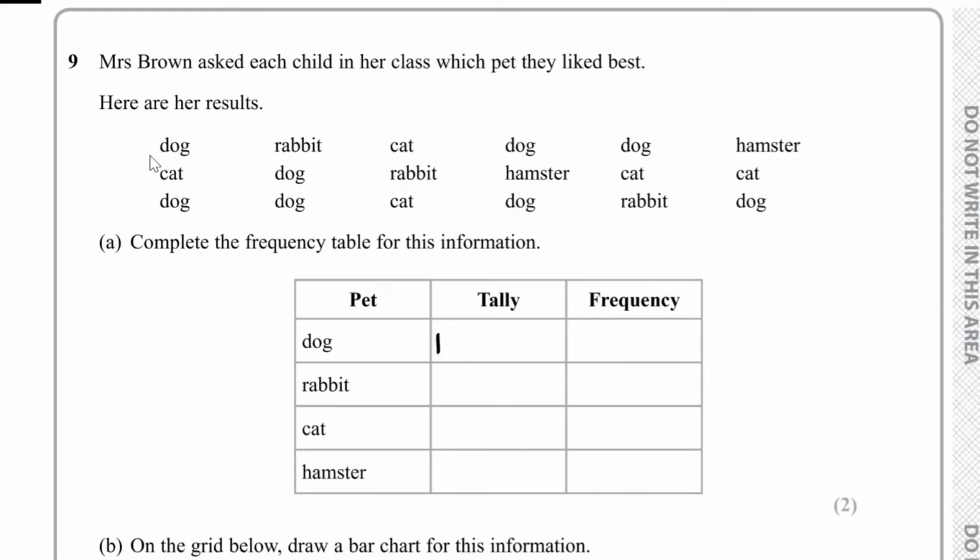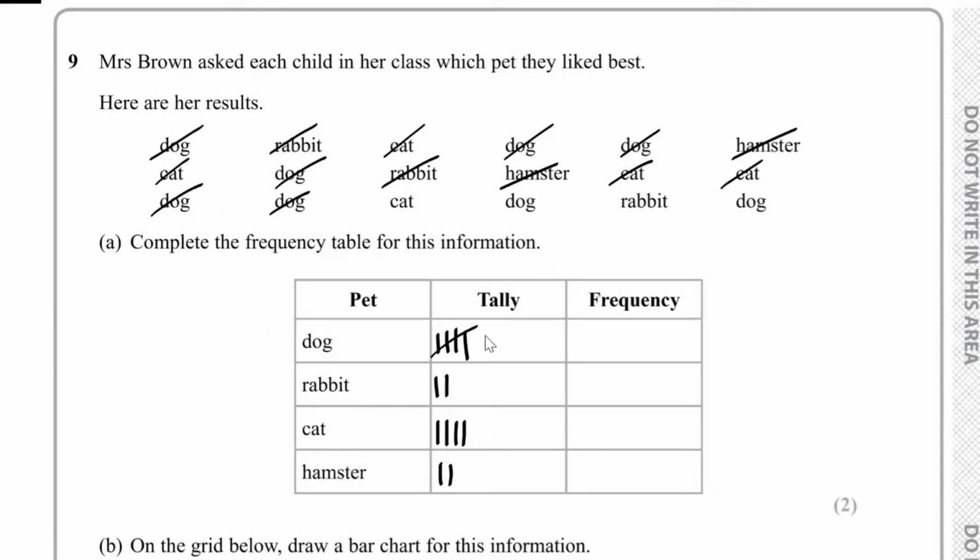So far we've got 1 dog. We'll cross this out. We've got 1 rabbit, 1 cat, 1 dog, another dog, a hamster, a cat, a dog, a rabbit, a hamster, a cat, another cat, a dog, another dog, a cat, a dog, a rabbit, and another dog.